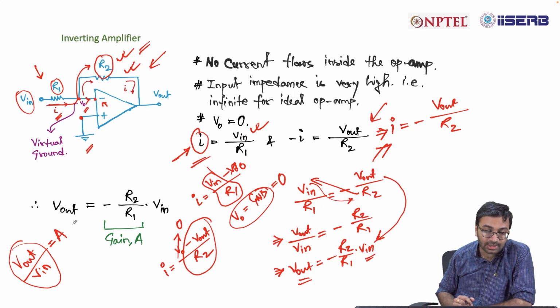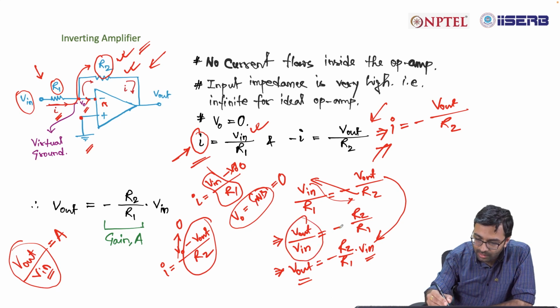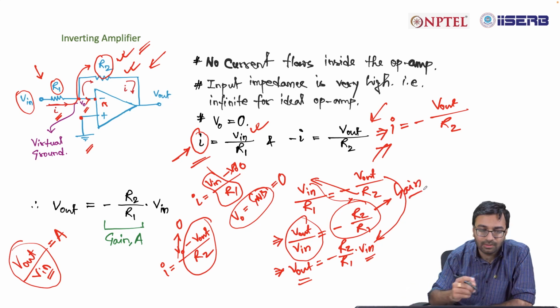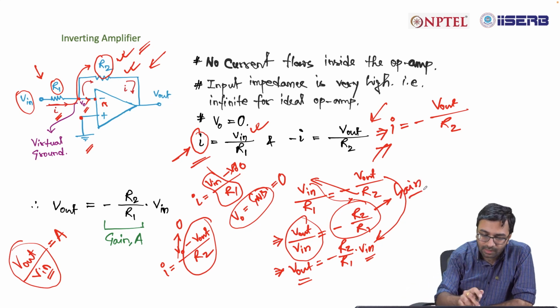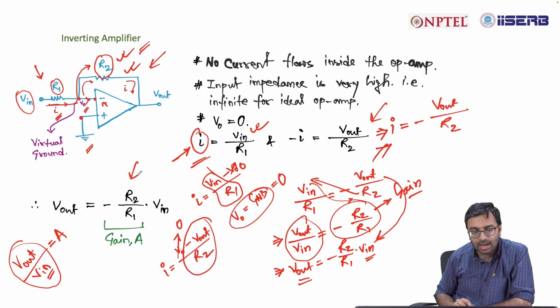Gain says how many times your output is compared to your input. So V out by V in is minus R2 by R1. We call it the gain of this inverting amplifier. So for an inverting amplifier, the gain is minus R2 by R1.